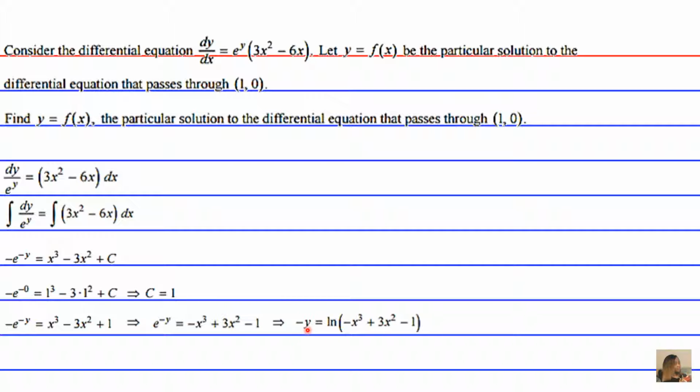And if we divide both sides by -1, we find out that y = -ln(-x^3 + 3x^2 - 1). All right, so this is basically our answer. And it's valid for x = 1, wherever this term is greater than 0.